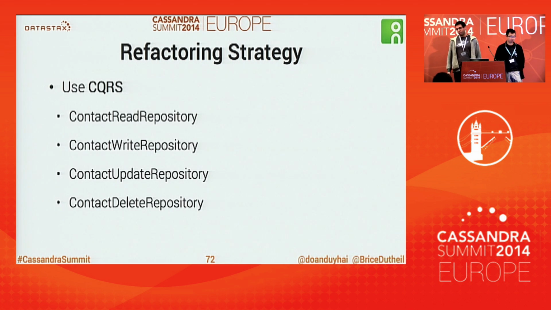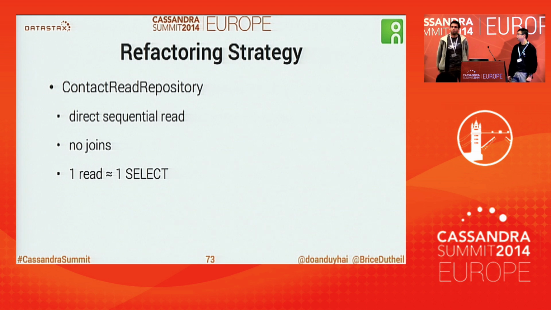Also, as we are refactoring the repositories, we don't use the DAO pattern anyway with Cassandra. We are thinking about CQRS, which means command query responsibility segregation. That means that we have different needs for write and read.